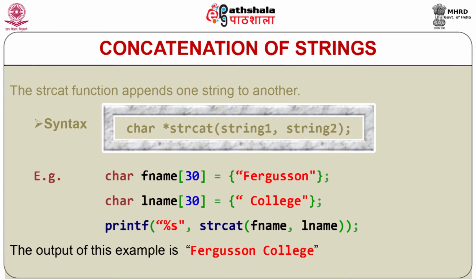You can see the output of the program, that is Ferguson college. Note one thing: between Ferguson and college there is a blank space. Intentionally I used this in lname. You can see in lname I am considering white space and then college, and therefore you will find a space between the word Ferguson and the word college.